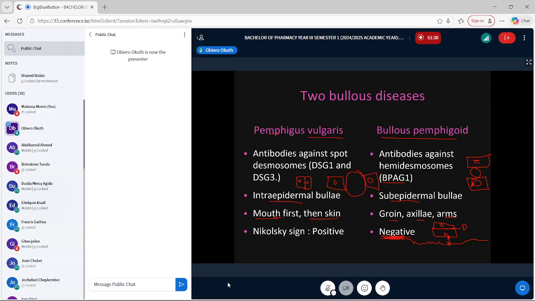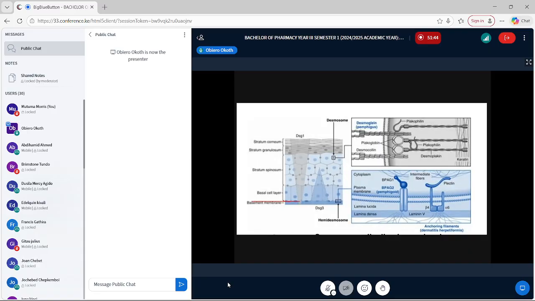Because this is not affecting the epidermis, you cannot scrape off the epidermis. There's the basal layer, then the basement membrane here. If the damage is here, the blister will be formed here. This is a subepidermal blister. If the damage is here, then you'll have blisters in the intraepidermal layer. This is the intraepidermal blister.